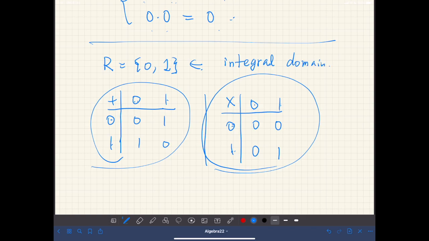You need to check that this is a ring, and in addition, you need to check some more conditions for integral domains, like existence of 1, commutativity of multiplication, and absence of proper divisors of 0. Okay, that's it for today.